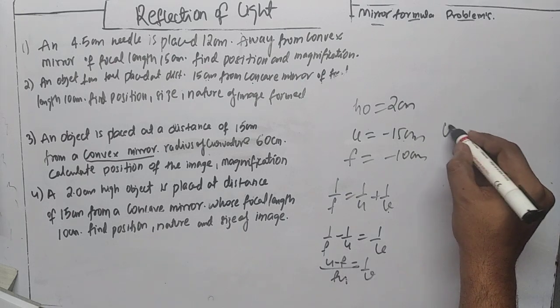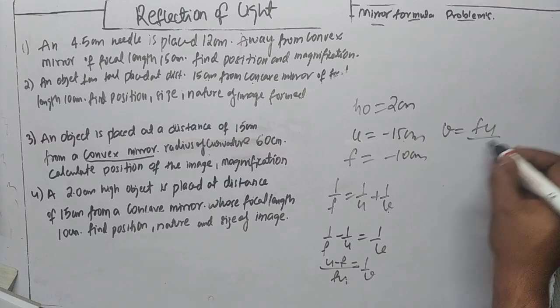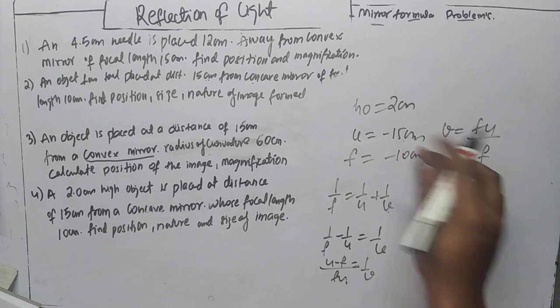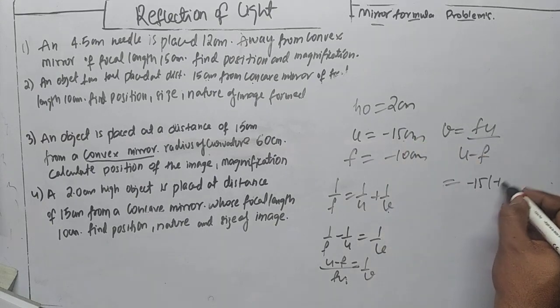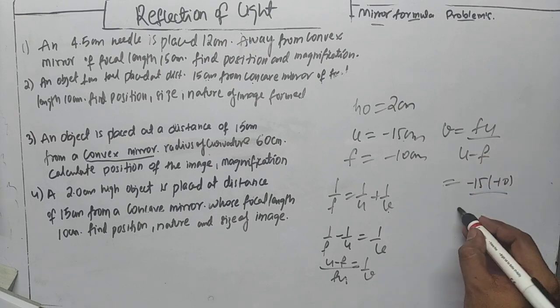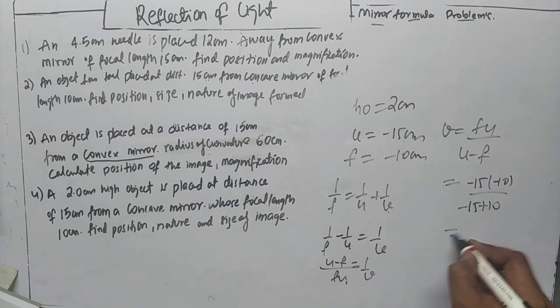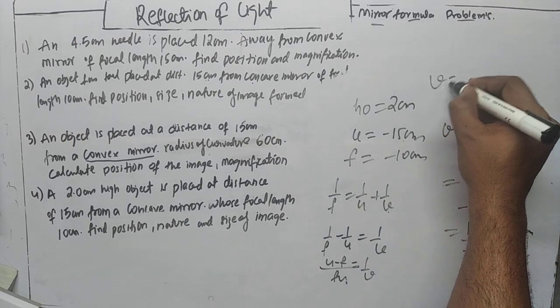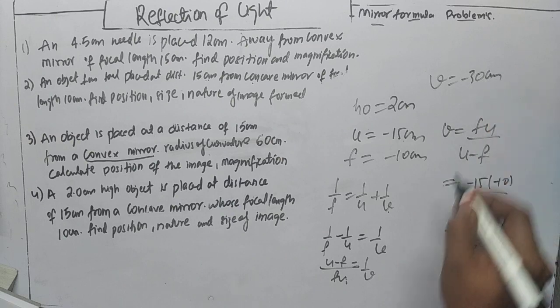So here v is nothing but fu by u minus f. You substitute the u and f values. So minus 15 into minus 10, divided by u minus f, minus 15 plus 10. So minus into minus is plus, and denominator is minus 5, we'll get the value as minus 30. As I told you, we get the v value as minus 30 centimeter.